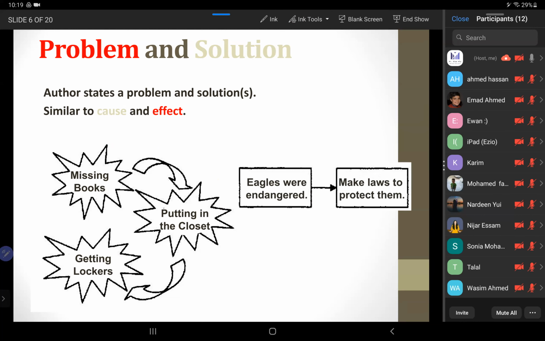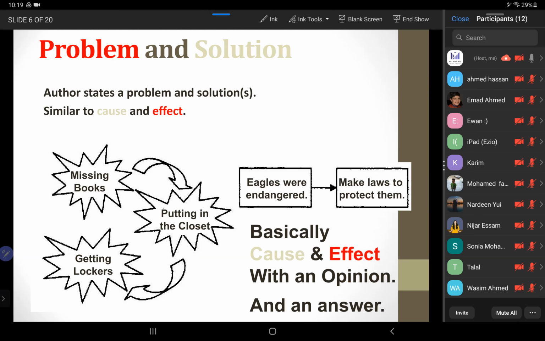So the government decided to make some laws to protect them. Okay. So the difference between maybe cause and effect and problem and solution is that basically the cause and effect has some opinion in it.